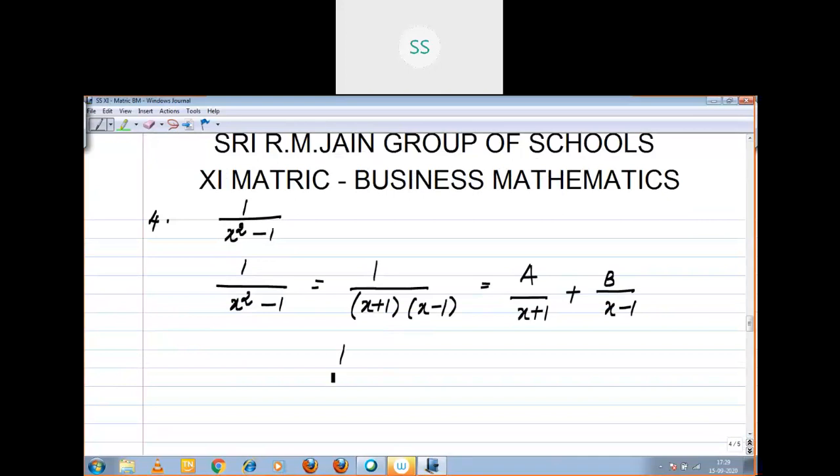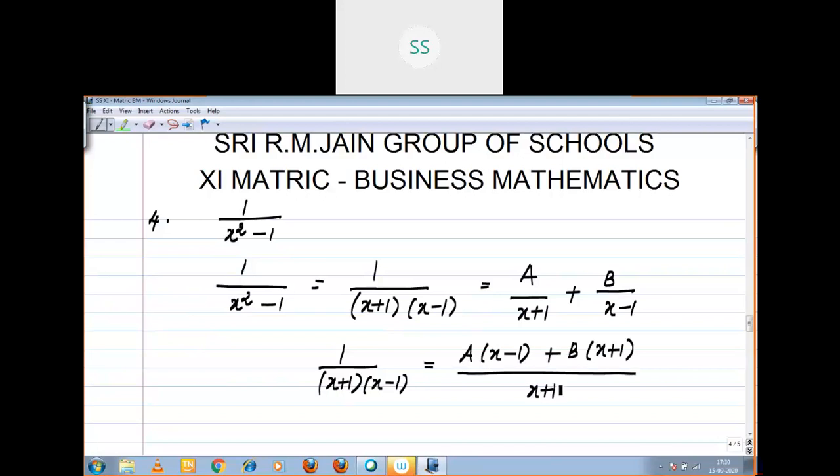Now, 1 by (x + 1)(x − 1) equals [A into (x − 1) plus B into (x + 1)] divided by (x + 1)(x − 1).